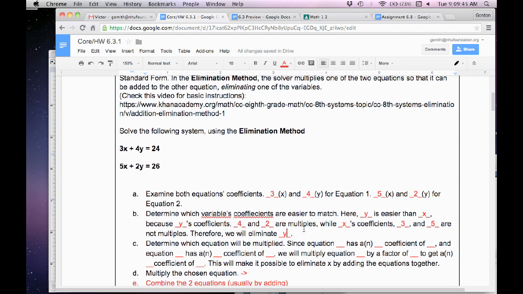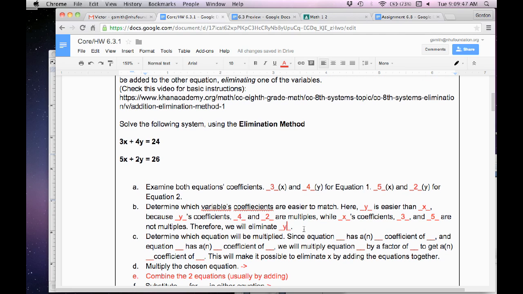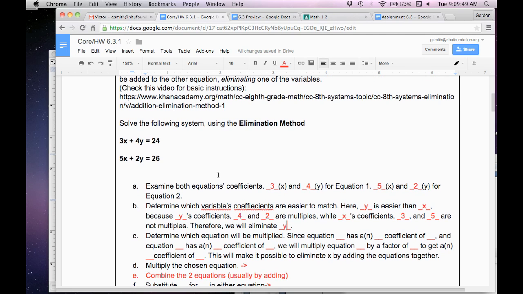C, determine which equation will be multiplied. So we have equation 2 and equation 1. We're going to multiply equation 2 because we need to eliminate the y. We're going to cancel it against the 4y there.